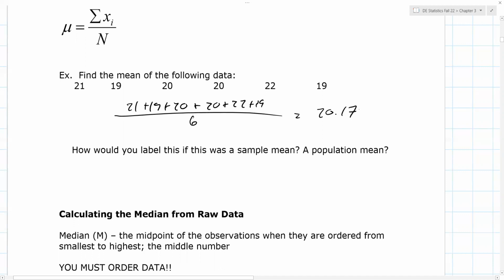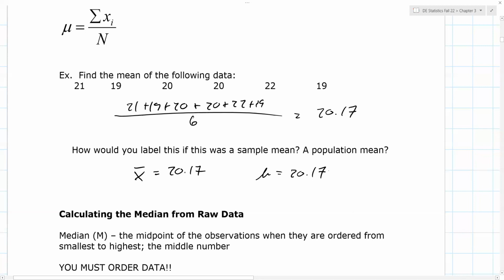So that's our average. The next question says, okay, how would we label this if it was a sample mean or a population mean? Sample mean, we would say X bar equals 20.17. And if it was population, we'd say mu is equal to 20.17. That's the only difference.